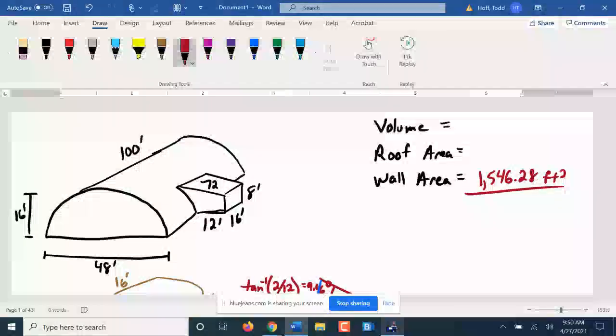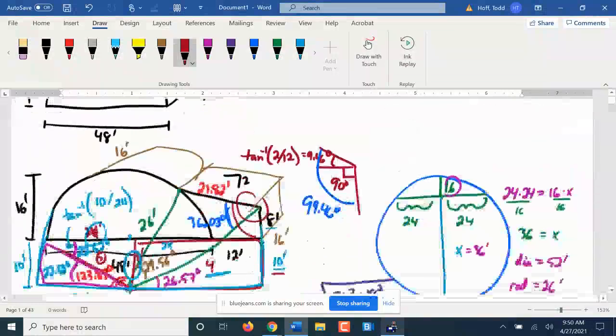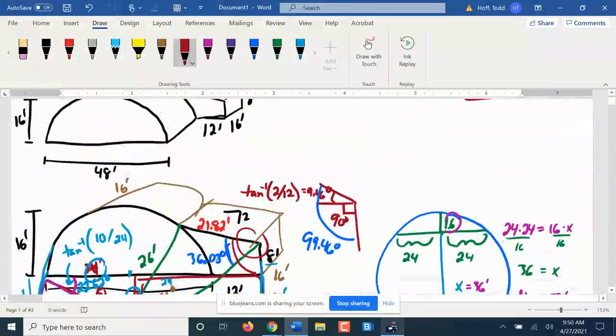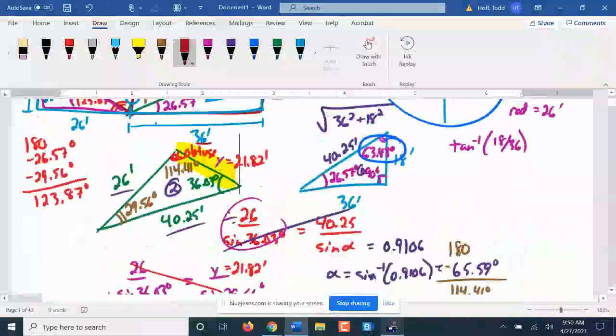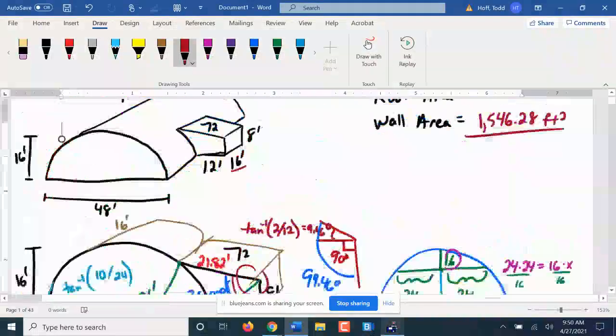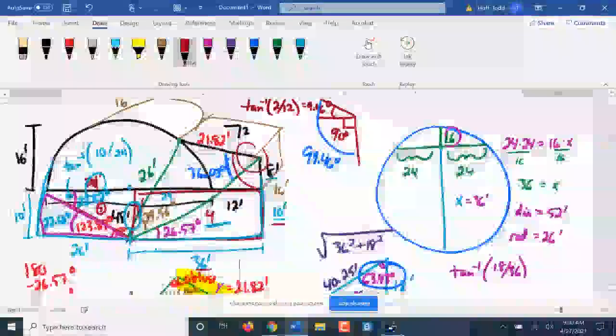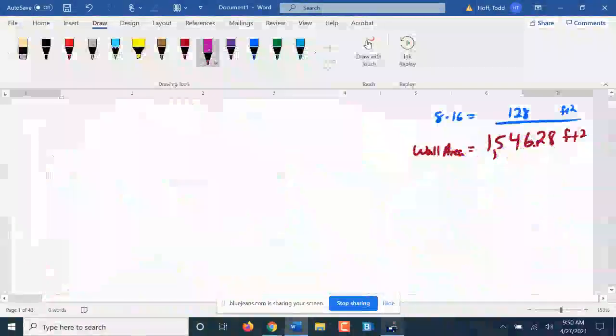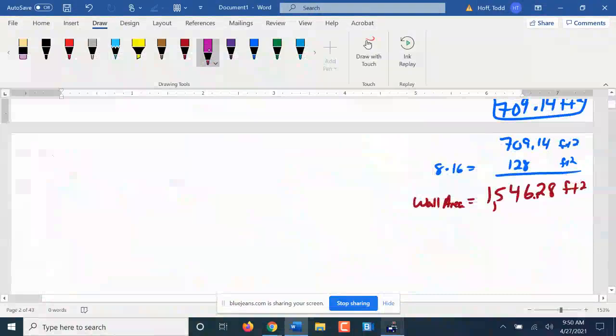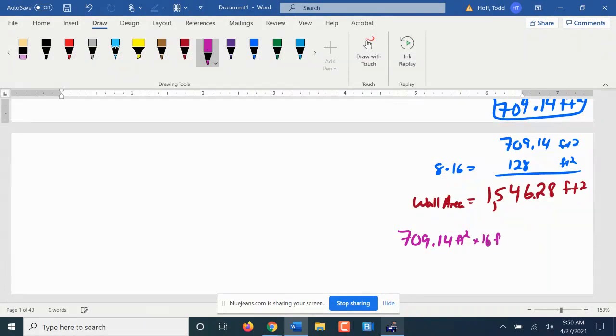Let's get back to that total volume. So for this piece here, that goes for 16 feet. So I'm going to take that area of 709.14 square feet times that distance of 16 feet.